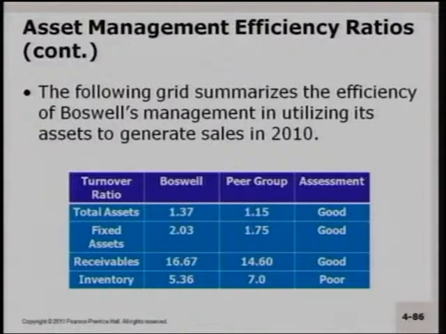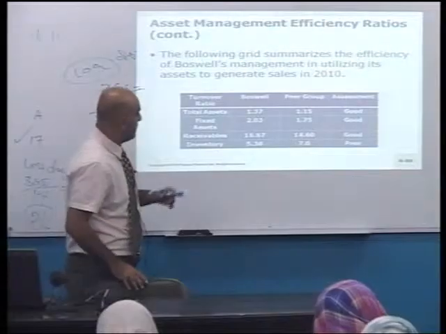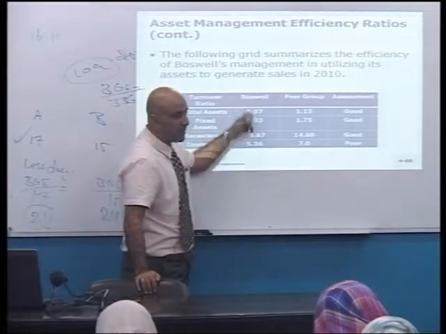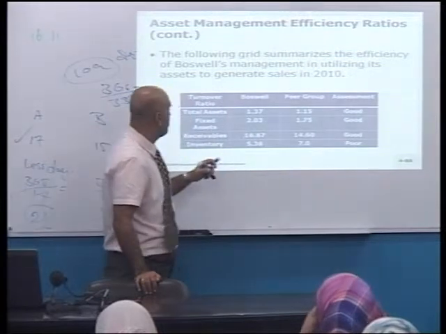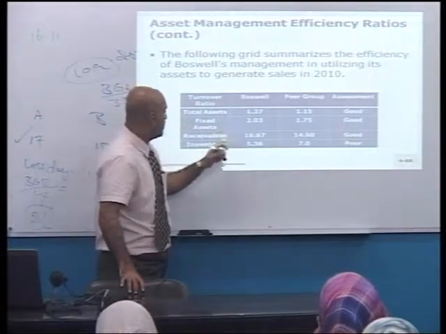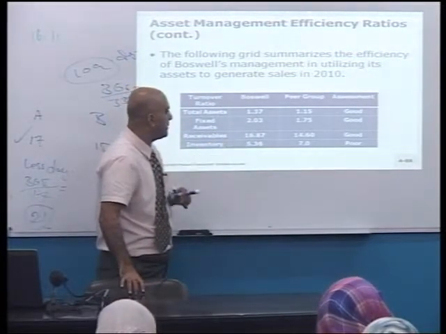So, put all of the results together. The turnover ratios: total assets, fixed assets, receivable and inventory. This is the Paswell company. The total asset turnover is 1.37, fixed asset turnover 2, 16 and 5.